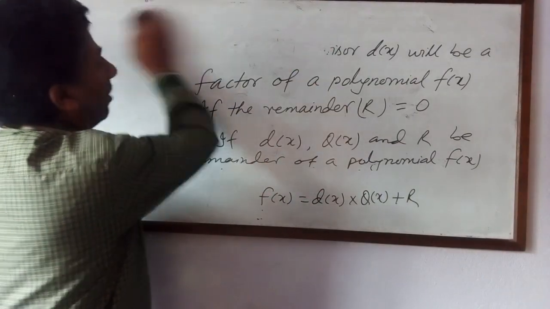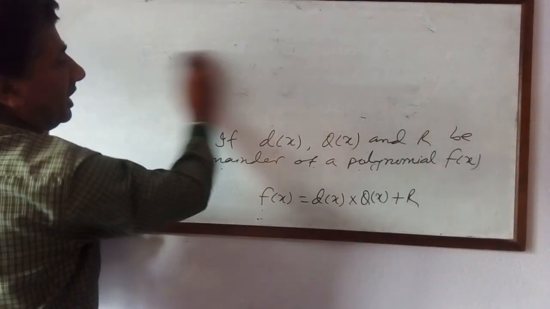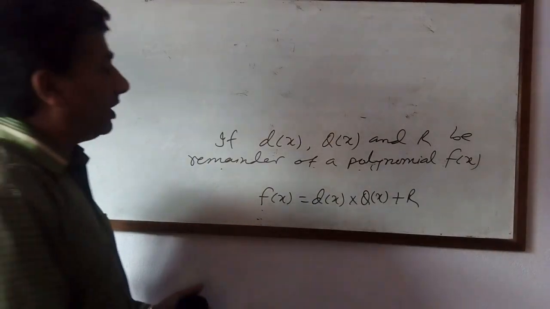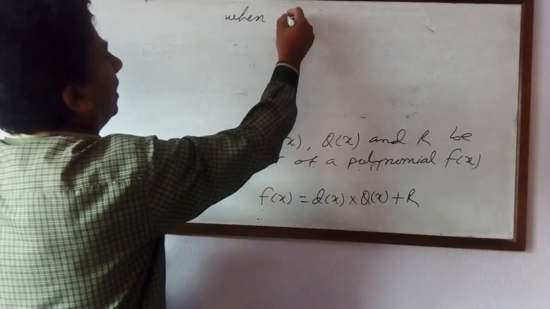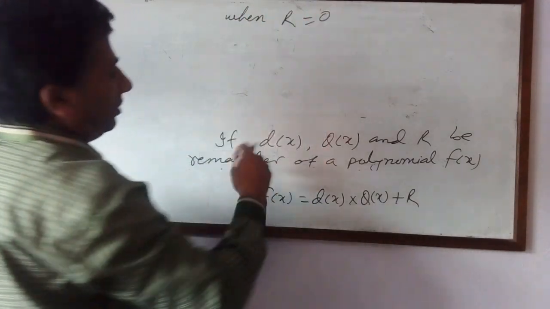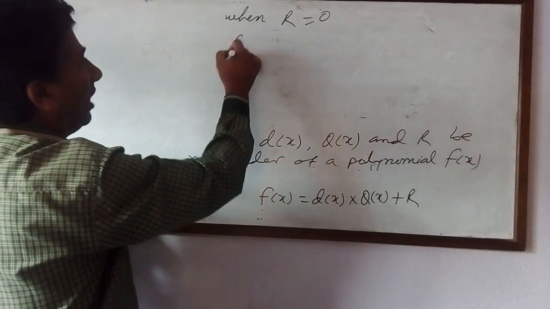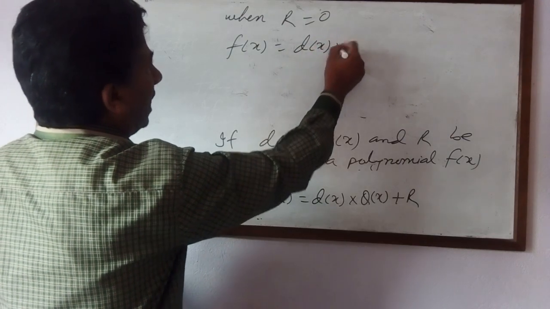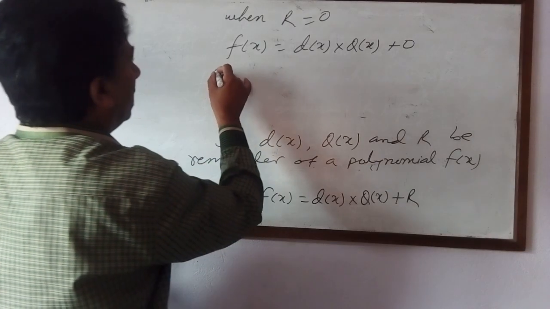Now what the factor theorem states is that if the remainder is 0, then from the division algorithm, fx equals dx times qx plus 0.